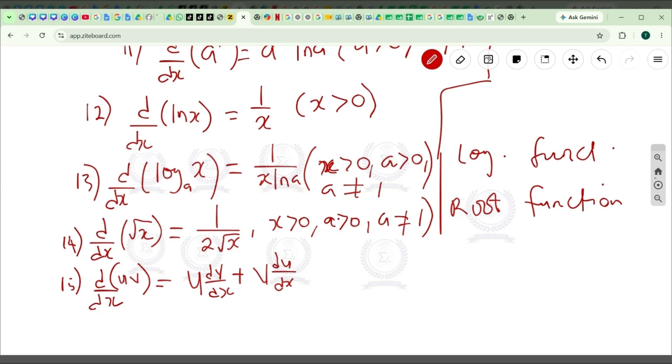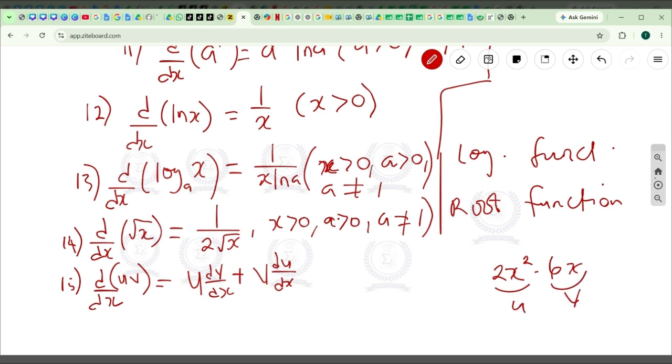So for example, you have 2x squared and then you have 6x. So there are two functions. This is going to be our u, this is going to be our v.